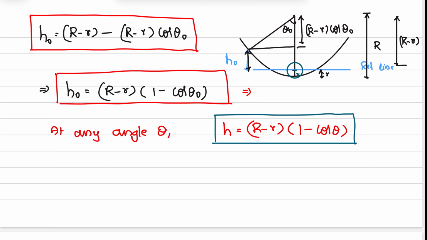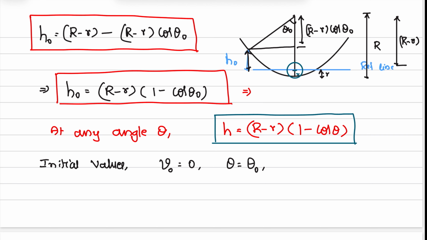Now, for the purpose of conservation of energy at any angle theta, what are the initial values? Initial velocity V naught is equal to 0 because it is moving from rest, and the initial angle is theta naught.